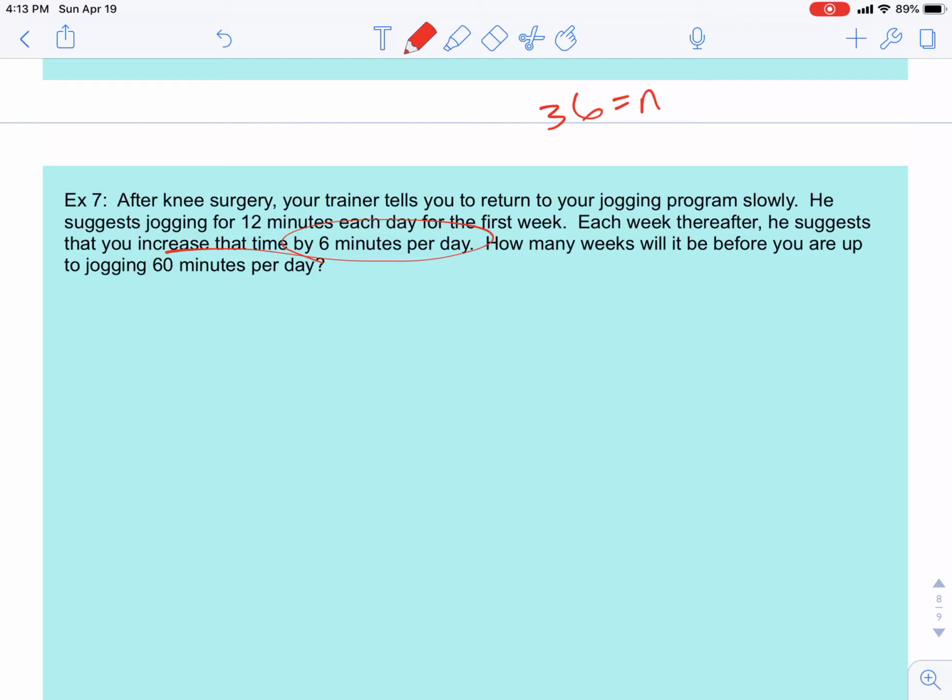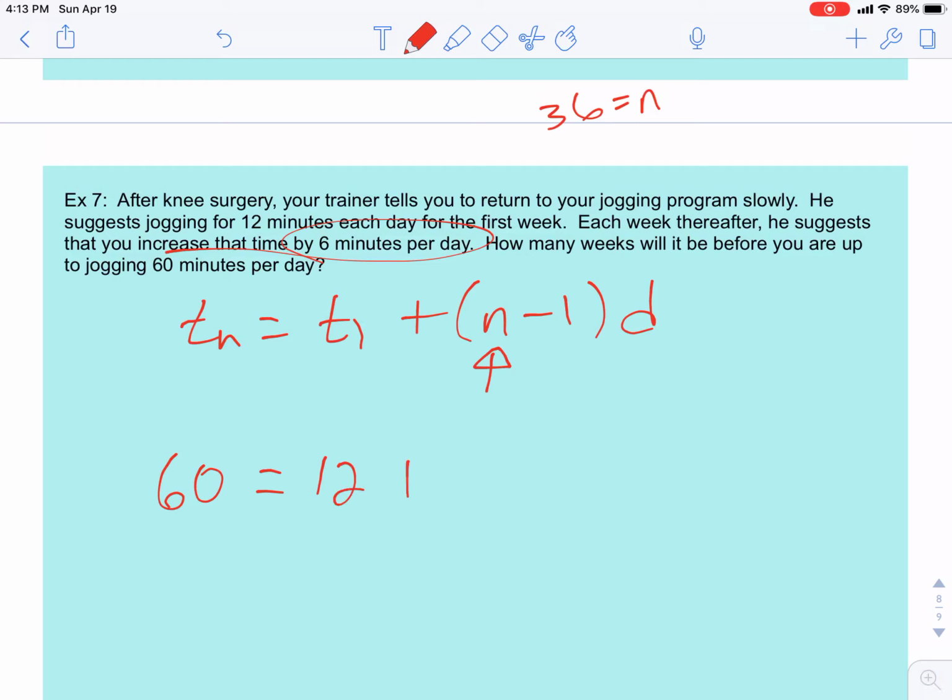All right, so let's think about this formula right here. This is going to help us out, because it's exactly what we just did. We're trying to find out the number of weeks, so we're going to solve for n. What values do we know? Well, we know the last term. We want to get to 60 minutes jogging. We know we started out doing week 1 was 12 minutes of jogging, and then we are going to add n minus 1.